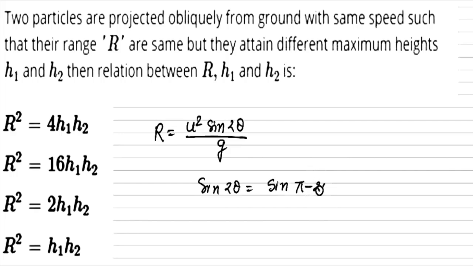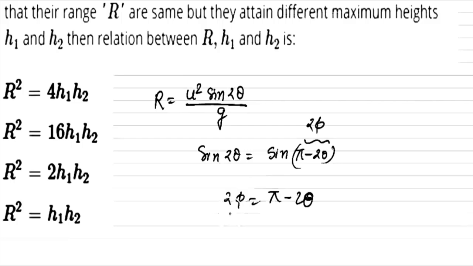So I could also write it as 2φ, and I will equate the two. Then you can see θ + φ = π/2, right?